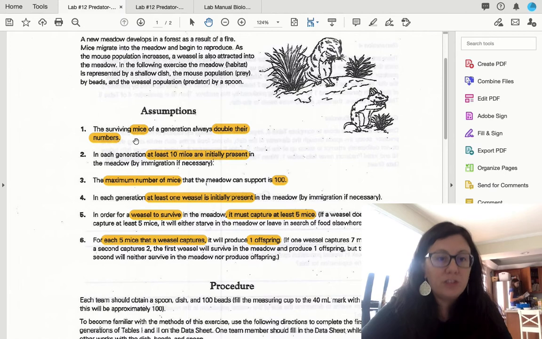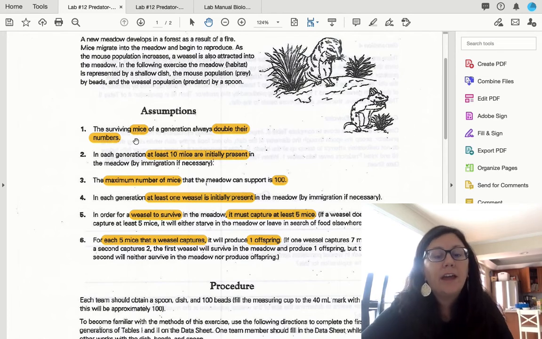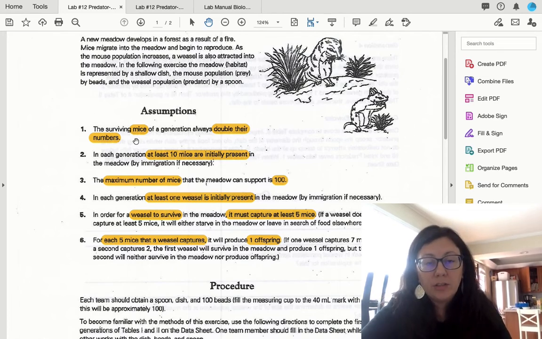So if at the end of generation 1, there are 5 mice, at the beginning of generation 2, there will be 10 mice. If you have 15 mice at the end of generation 2, at the start of generation 3, you will have 30 mice. So always assume that mice will double their population at the start of the next generation.